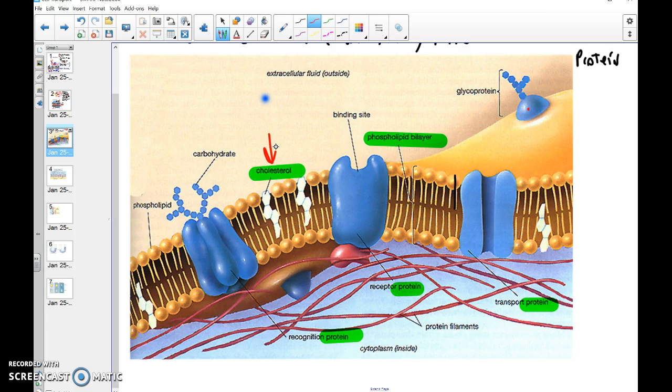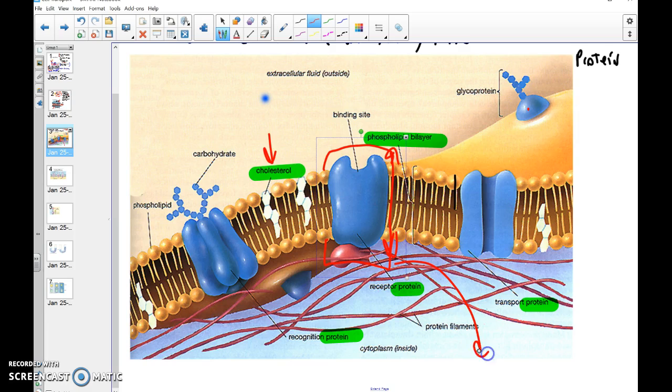Now, we've already talked about the phospholipid bilayer, how you have the heads, the tails, they form the majority of this. The inside is not water soluble, the outside is. And what you also have are these proteins. Now, proteins can do two things. They can either span the entire membrane, which means parts of it are on the outside, parts of it are on the inside.